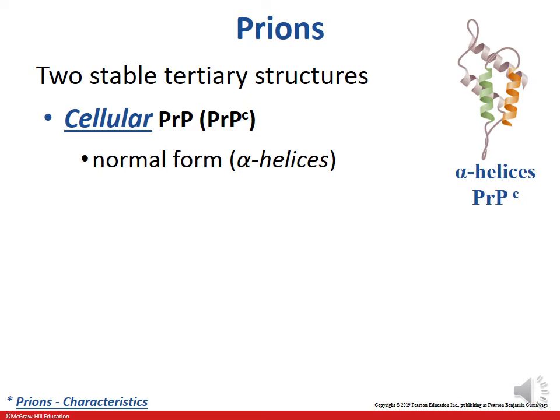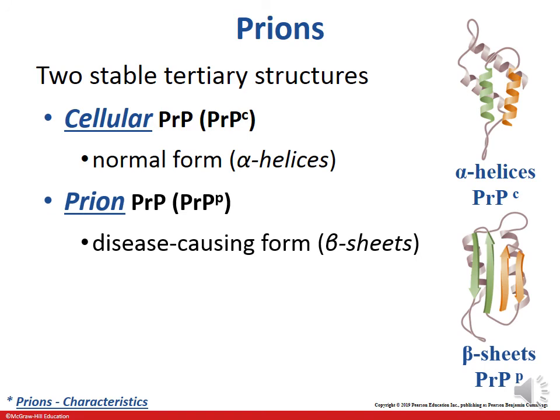These are essentially the normal ones, and they are generally going to have more alpha helices, which is just one of the two ways we can fold these guys. Keep in mind, that little C superscript, they sometimes refer to this as the common PRP as well as cellular. The prion, or the disease version of it, is where it gets misfolded into a beta pleated sheet rather than an alpha helix. So you'll see the PRP with a superscript P referring to the prion PRP.